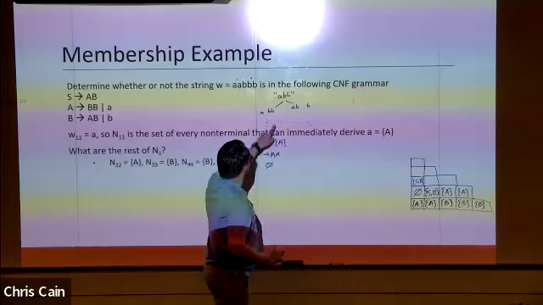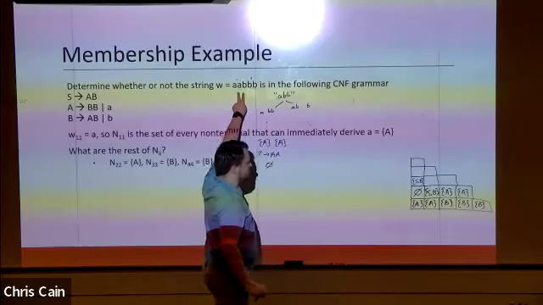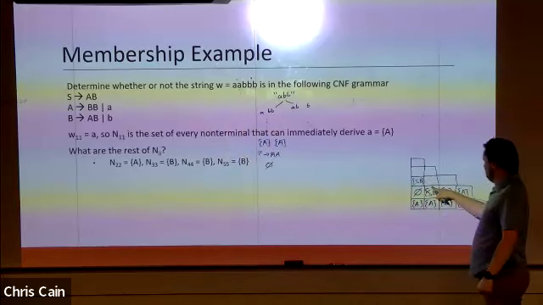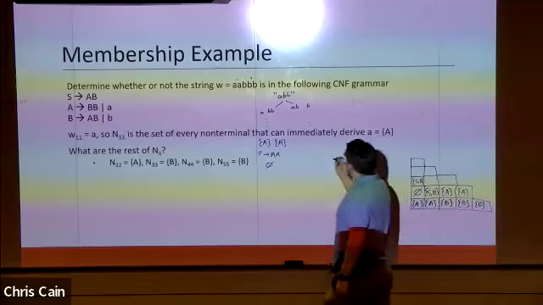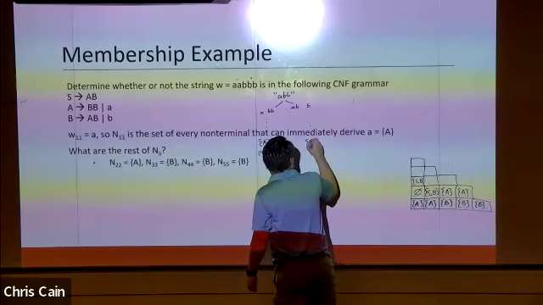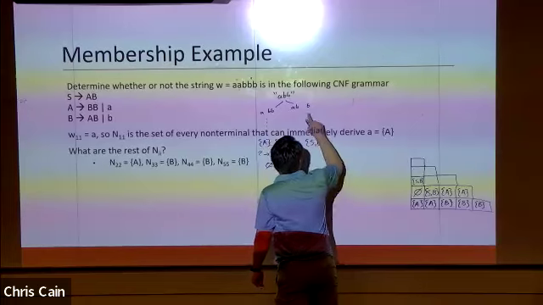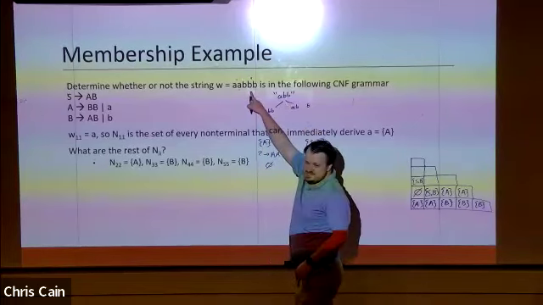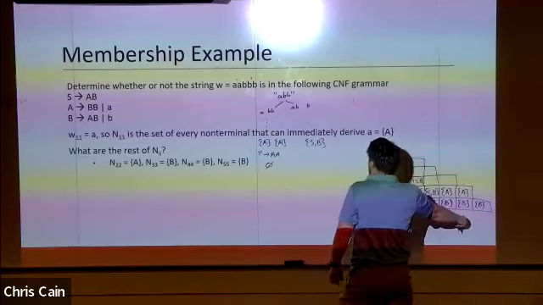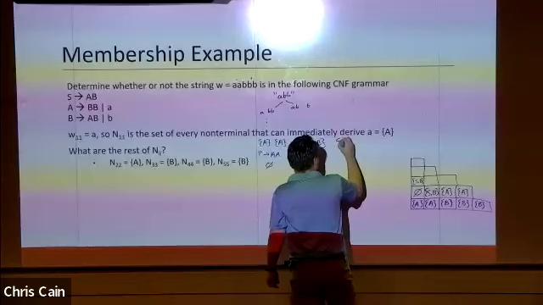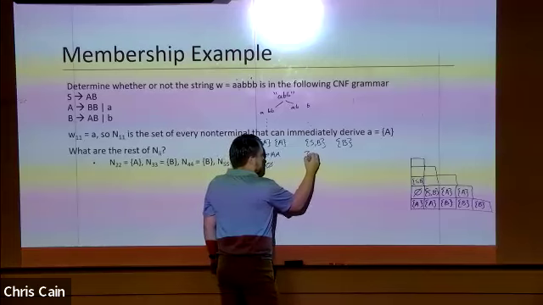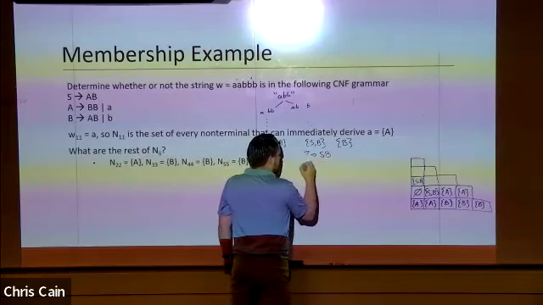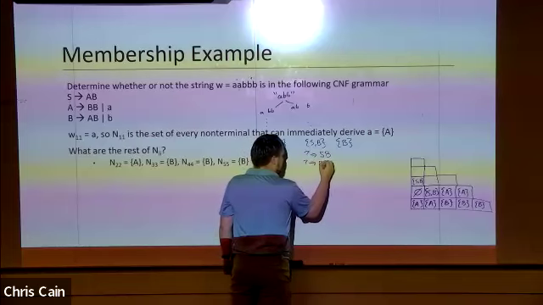So AB comes from here, 2, 3, which is here in our lookup table. This is N 2,3. So the left-hand side to this is either S or B. And the right-hand side, B, was N 4,4, which is right there. So the right-hand side is B. This gives us two possibilities for what we come from here. We have a question mark arrow SB or a question mark arrow BB.